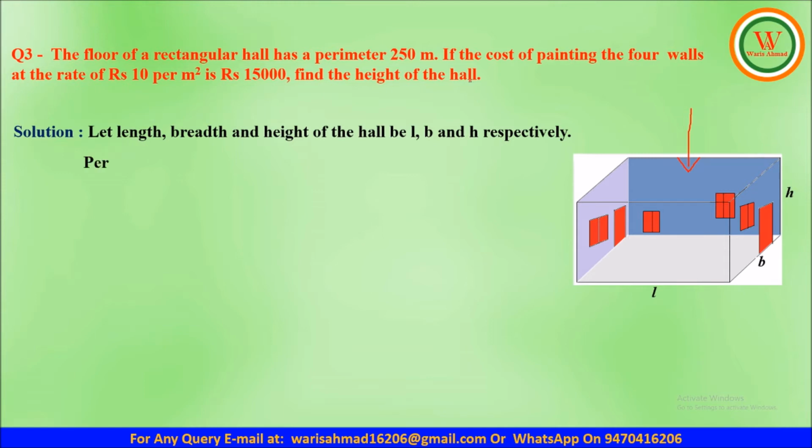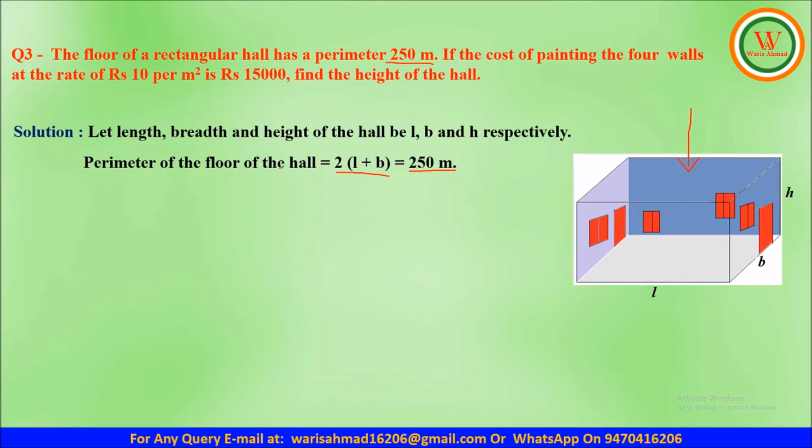So here we can write perimeter of the floor of the hall is equal to 2(L plus B), and the value of perimeter is given 250 meter. It means that 2(L plus B) is equal to 250 meter. This 2(L plus B) is representing the perimeter of the floor.